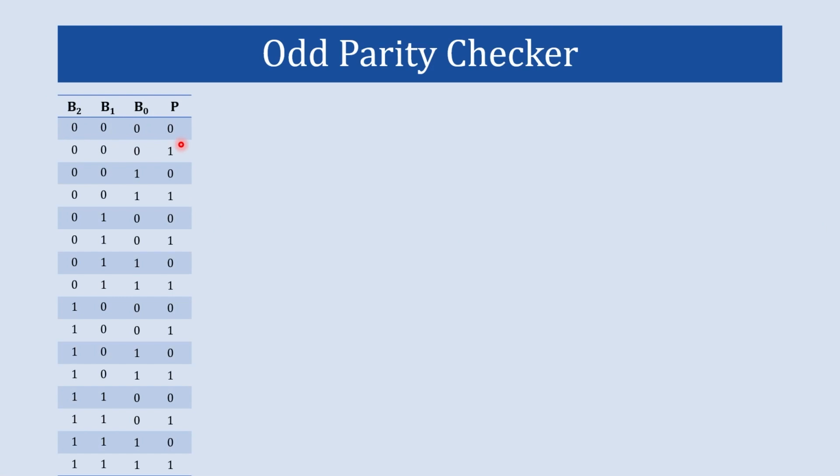So first of all we'll start with the odd parity checker. Here this is our 4-bit data set for the odd parity checker, and now let's see what the output of the parity checker circuit should be for this data set. As per the definition of odd parity, all the ones in the data set including the parity bit, that means we are talking about the entire data set, should be an odd number.